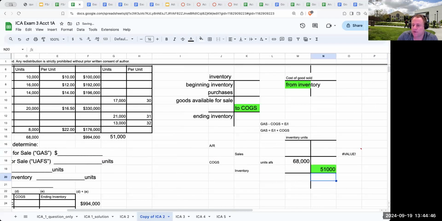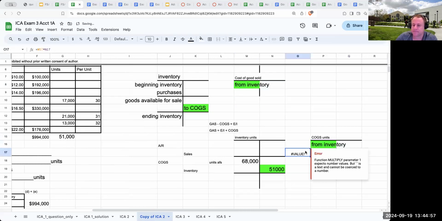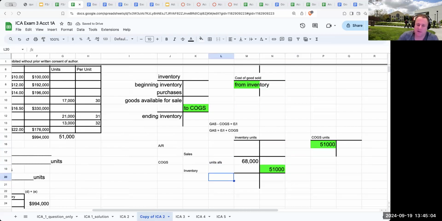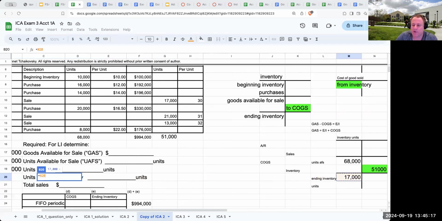If I sold 51,000 units, my cost of goods sold in units is going to be 51,000. So how many units do I have in my ending inventory? This is going to be 68 minus 51, or 17,000. So my units in ending inventory are 17,000.